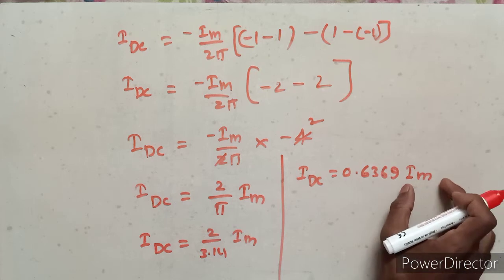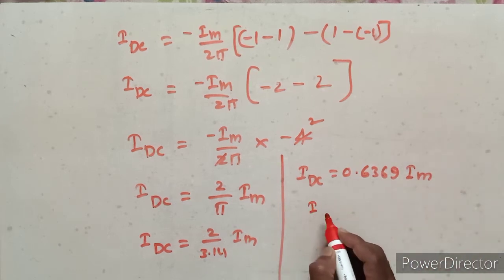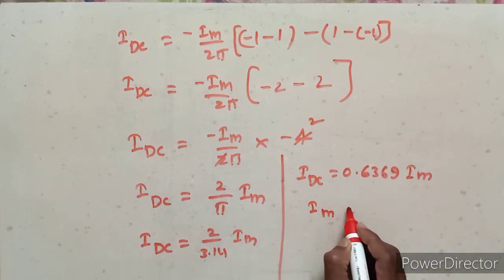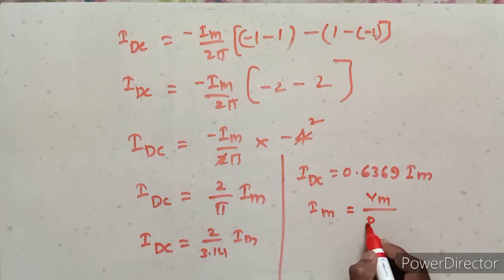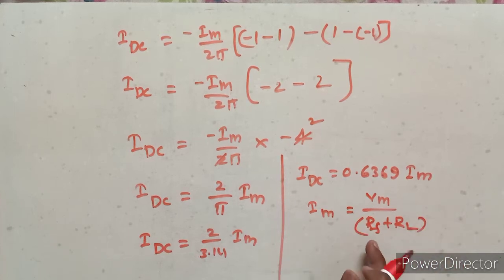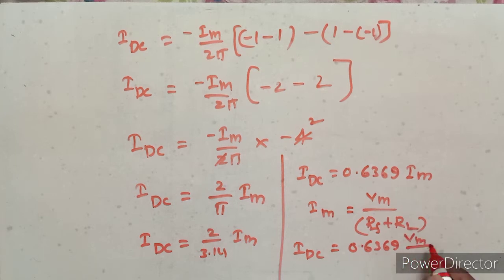But we know that maximum current equals Vm upon Rf plus RL. This value is substituted in the above equation. The dc value of the current equals 0.6369 Vm upon Rf plus RL.